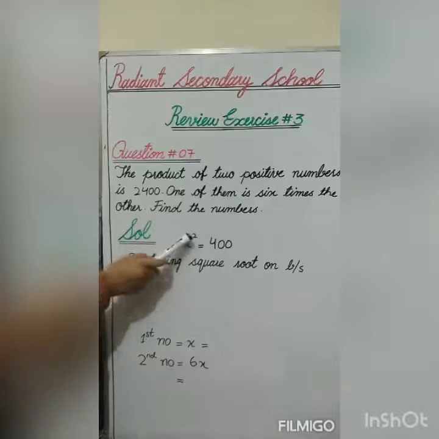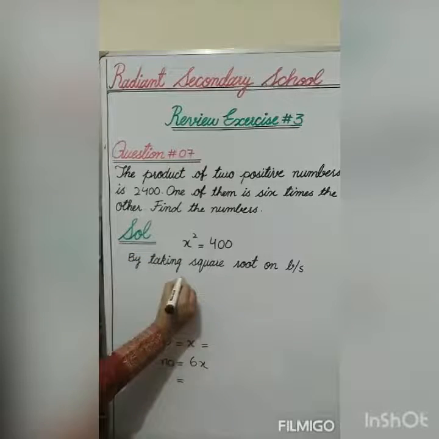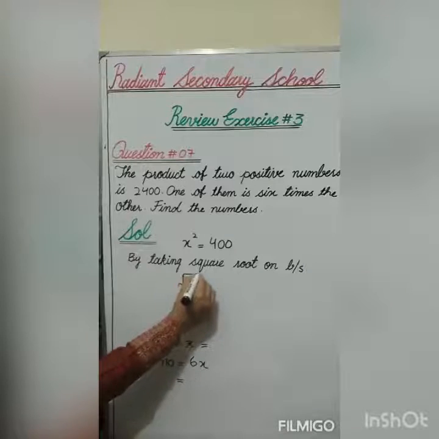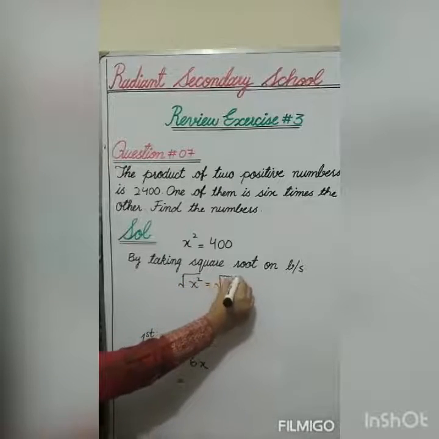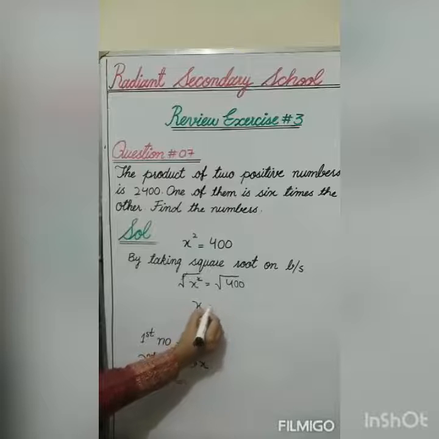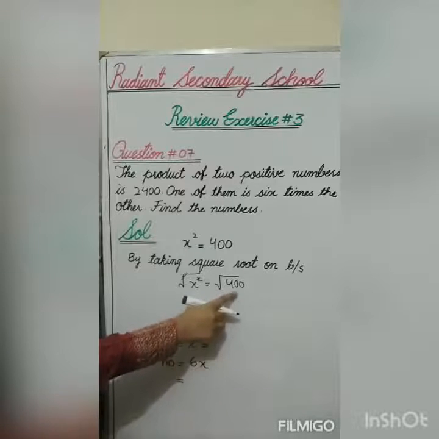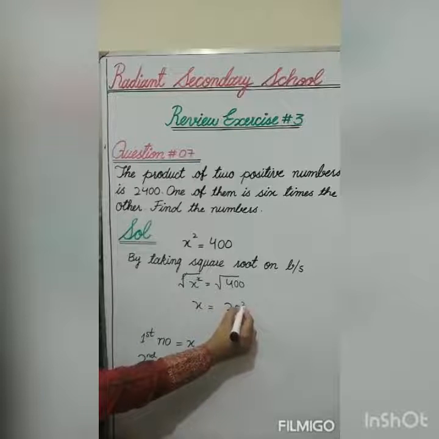Now we have to remove the square. So by taking square root on both sides, x square equal to square root 400. This square and square root will cancel out. We will get x equal to. Now 400 is a perfect square of 20. So it will become 20 square.